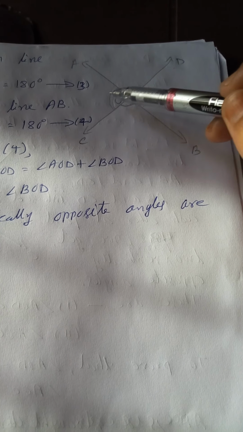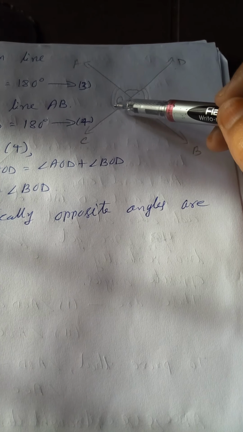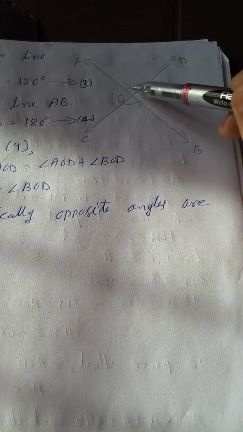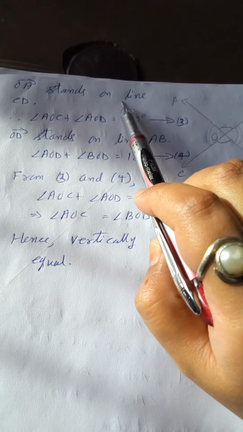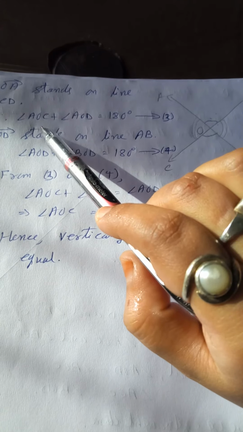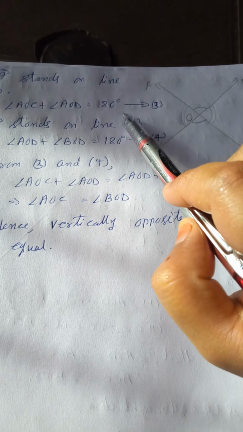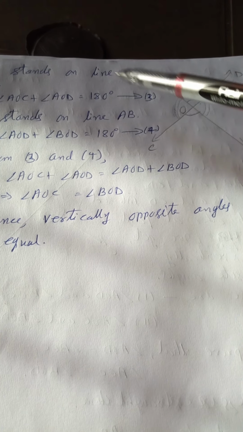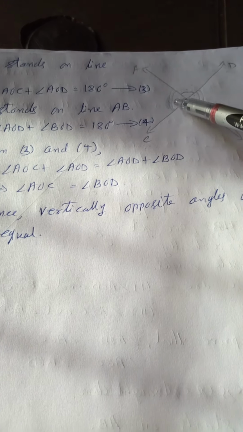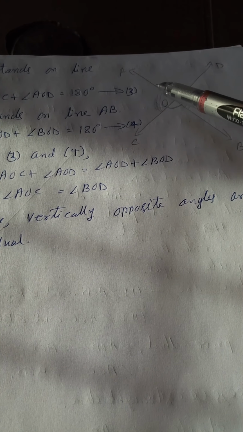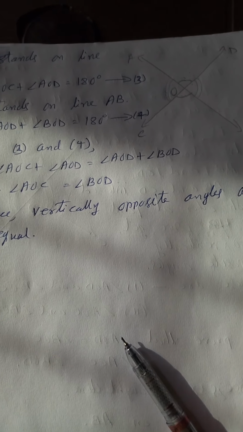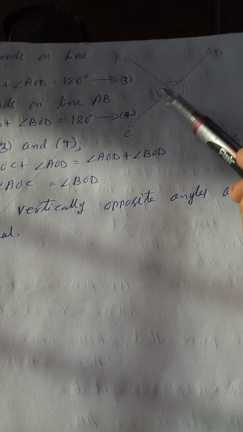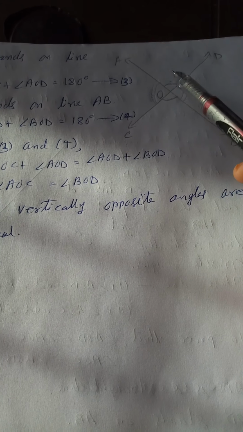That means this angle plus this angle, these two angles sum is how much? 180 degree, because these are linear pair angles. So I write OA stands on line CD, so angle AOC plus angle AOD is equal to 180 degree.